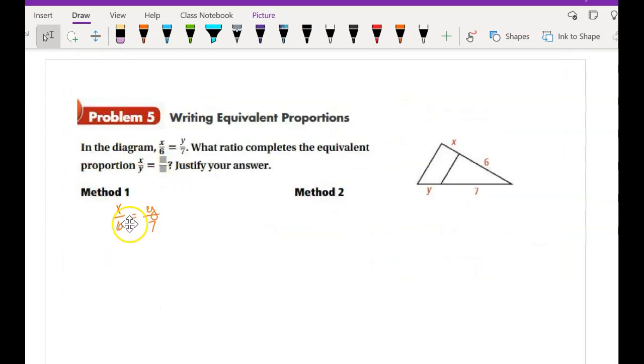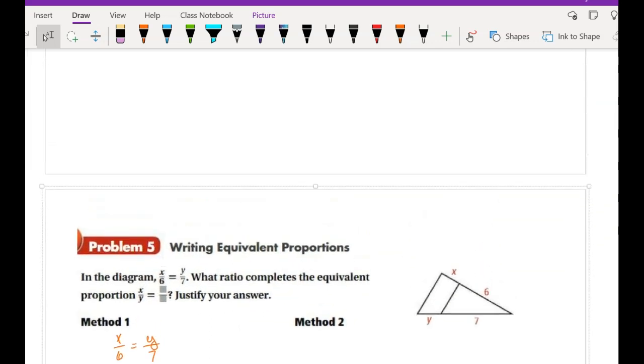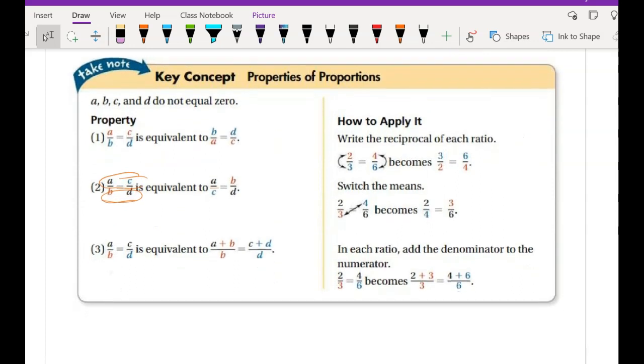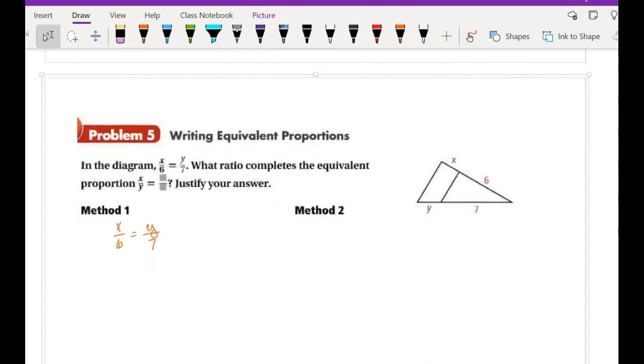Okay, now let's take a look at problem 5. We need to write equivalent proportions. So it says that x to 6 is equal to y to 7. And it wants us to write the proportion in terms of x and y. Well, if I go back to my little chart over here, I think I can use the second property.